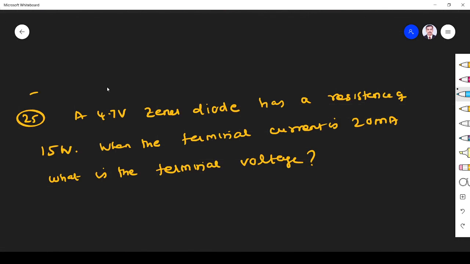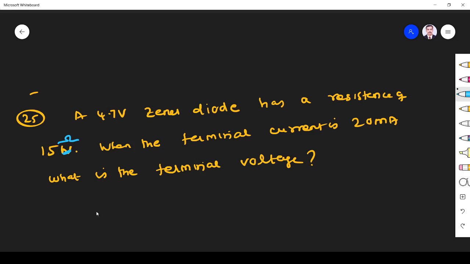Next one, a 4.7 volt Zener diode has a resistance of 15 ohm, not watts. Please change it, it is 15 ohm. So when the terminal current is 20 milliampere, what is the terminal voltage?